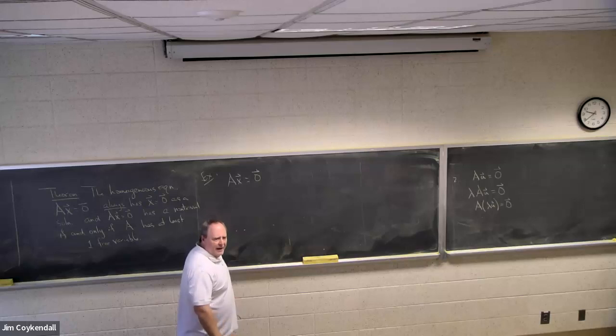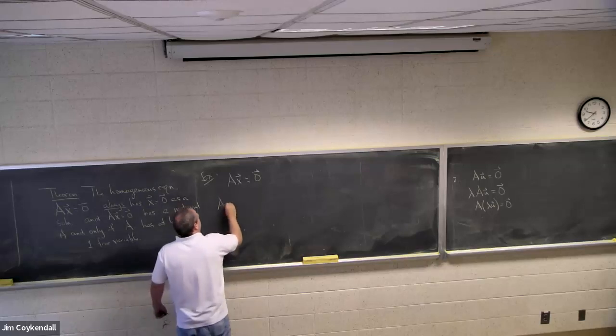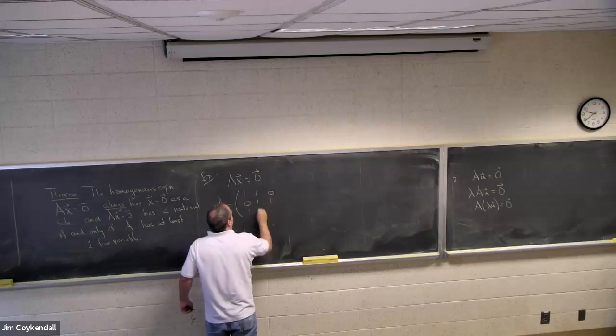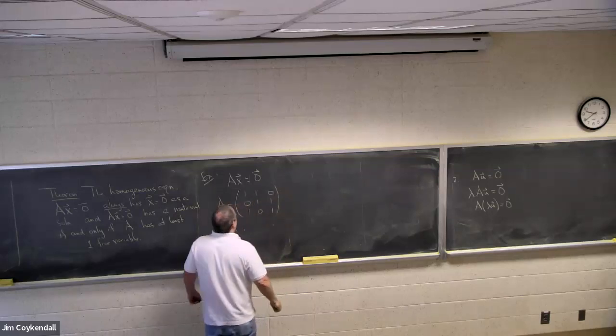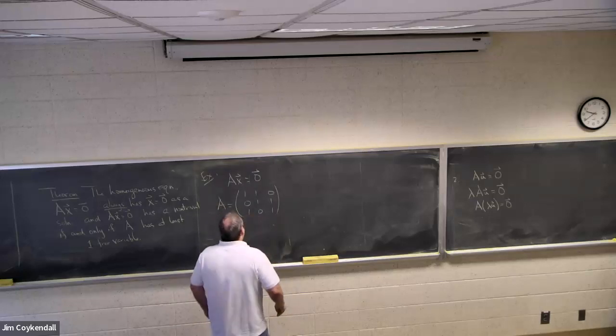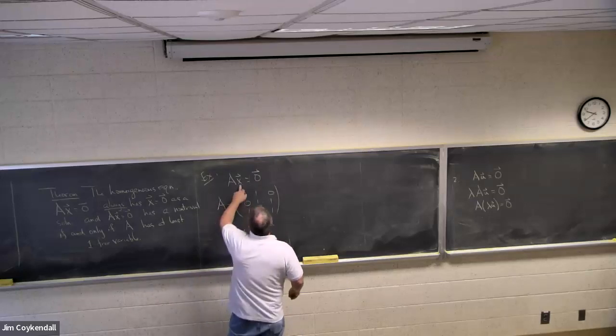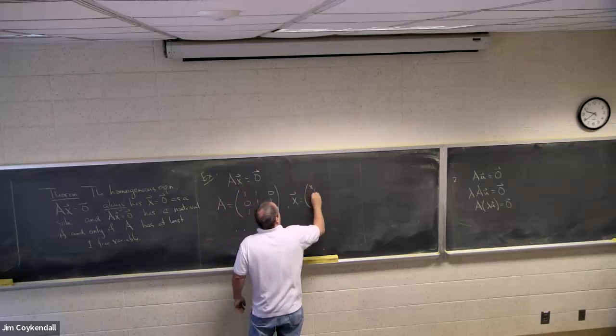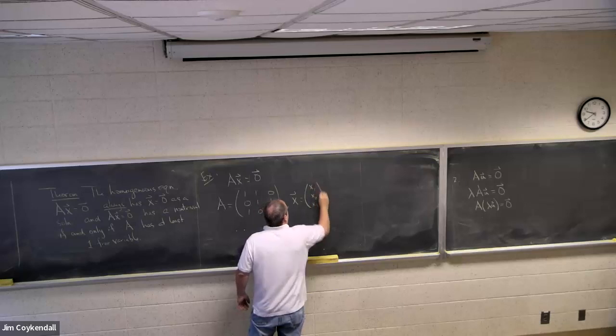So let A be, in this case, 1, 1, 0, 0, 1, 1, 1, 0, 1. And X is X1, X2, X3.